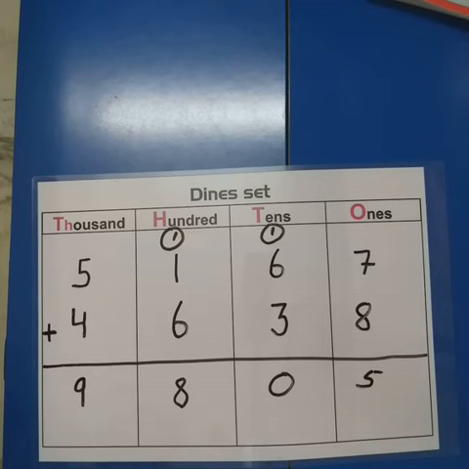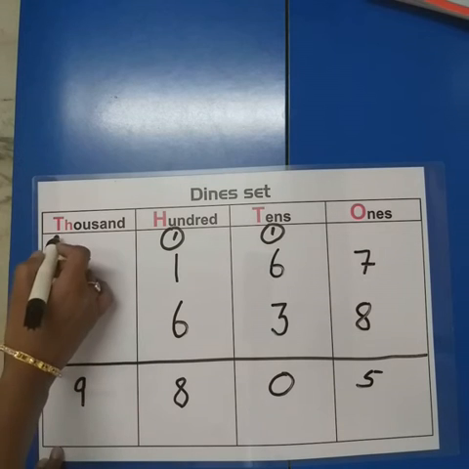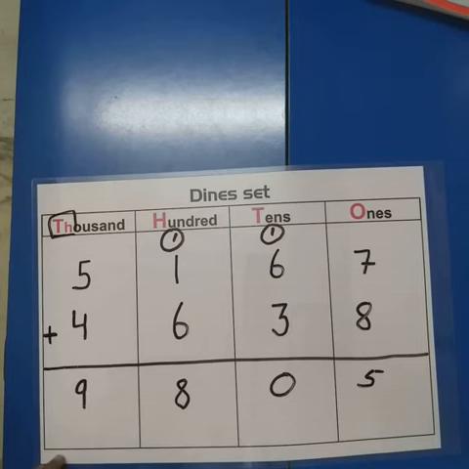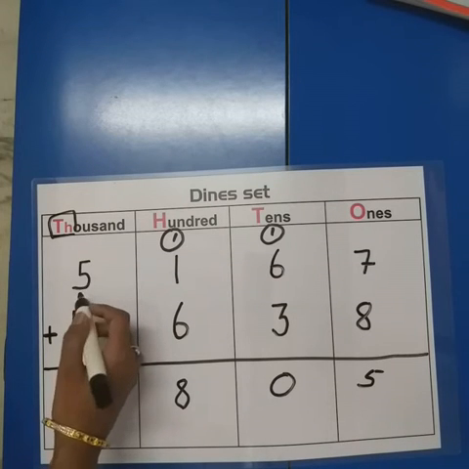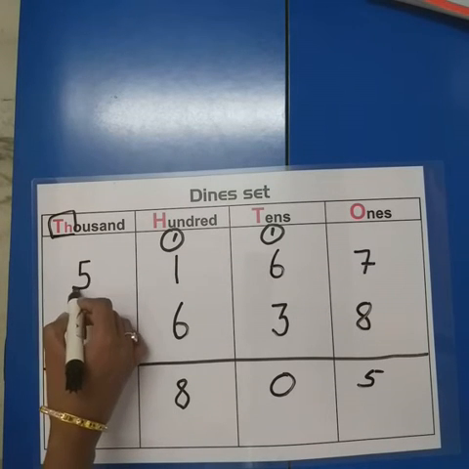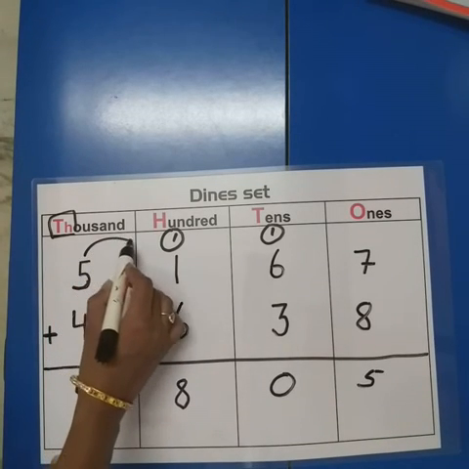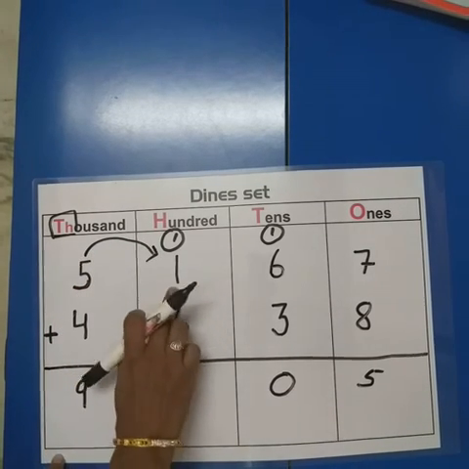In the last video we already studied rounding off to the nearest thousand. What will we do for the nearest thousand? We will change the thousands place. If we are rounding off to the nearest thousand, we always look at our hundreds place, the place just before.